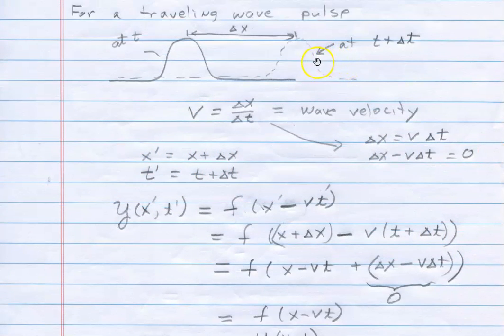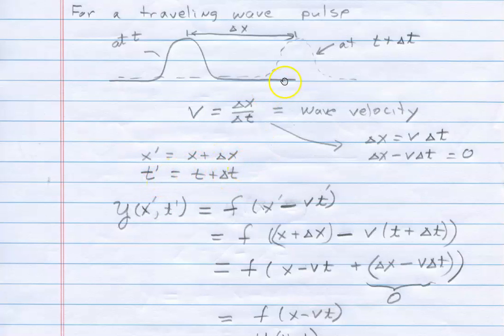So this is where it was at time t plus delta t. The x was the original point here, and the point over here that the peak has moved to has moved from its original x position, x, to x plus delta x. So x prime in this expression is x plus delta x.